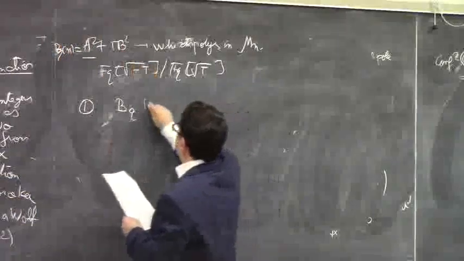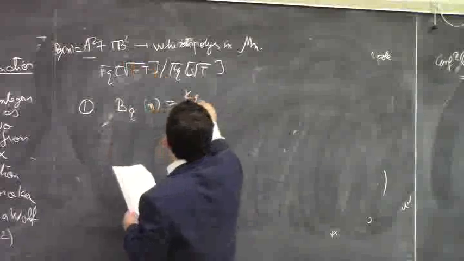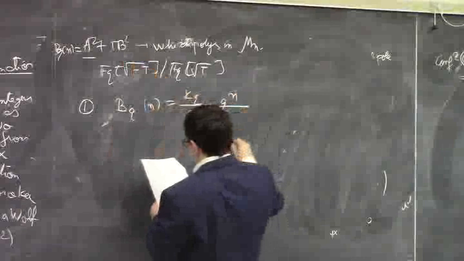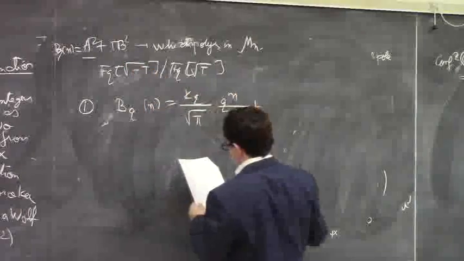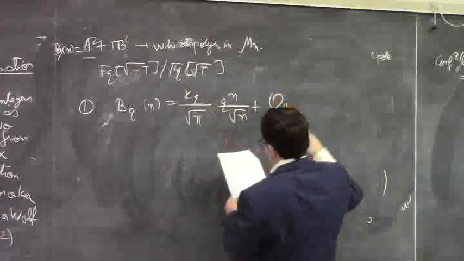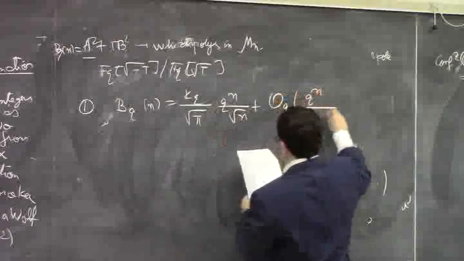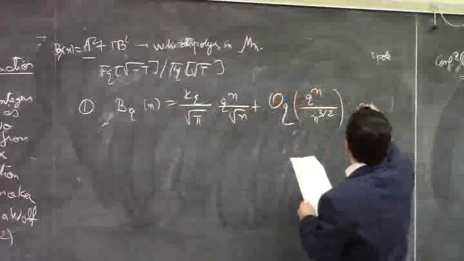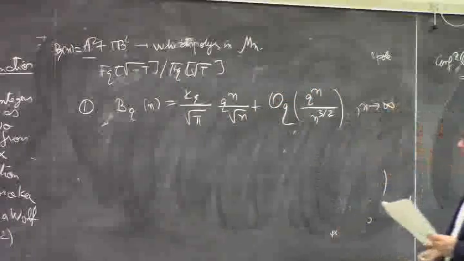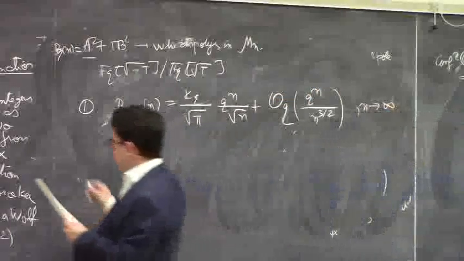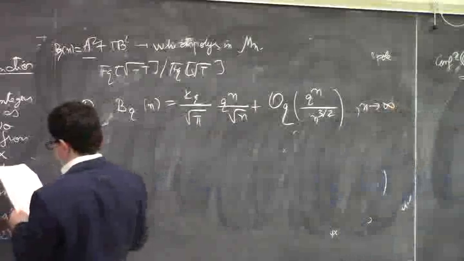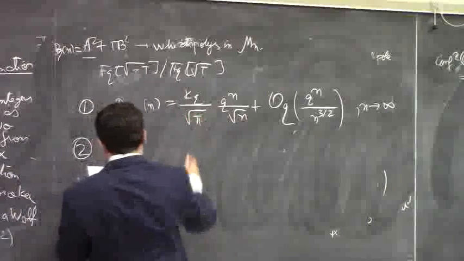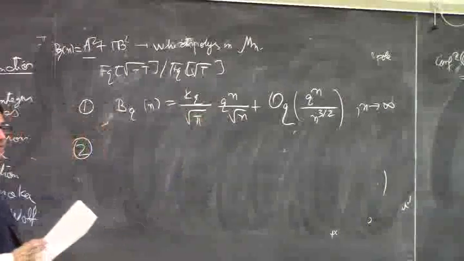So B_q(n) is k(q) over square root of pi, q^n over square root of n, plus O_q(q^n over n^{3/2}) as n goes to infinity. Okay. And I'll make some comments a bit about this part. Okay, and theorem 2. Your real pi or just your? Yeah, the real pi. Okay, so there's nothing like some weird other pi.